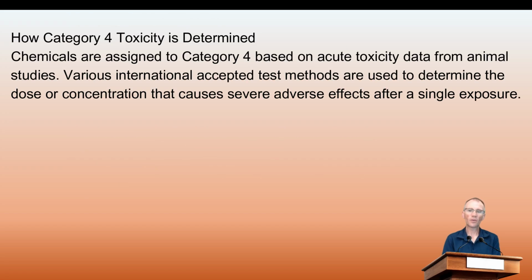Let's take a moment real quick to talk about one thing we just mentioned. How Category 4 toxicity is determined. Chemicals are assigned a Category 4 based on acute toxicity data from animal studies. Various internationally accepted test methods are used to determine the dose or concentration that causes severe adverse effects after a single exposure.